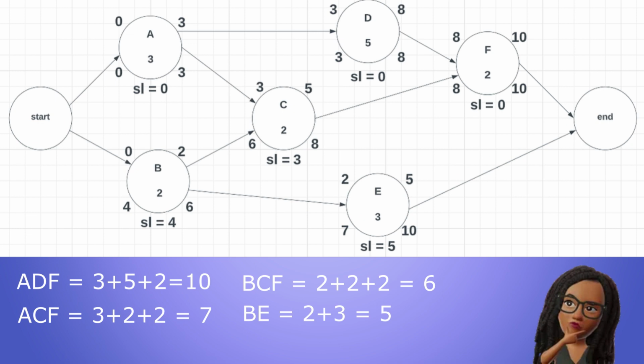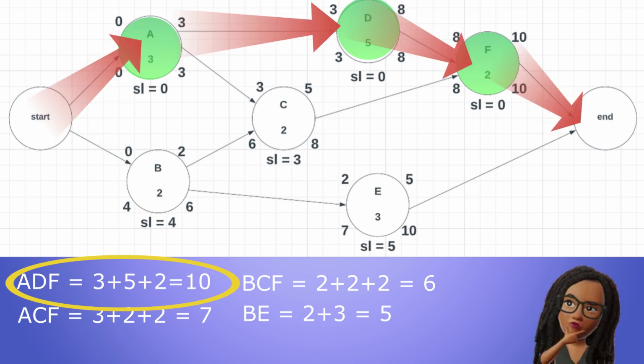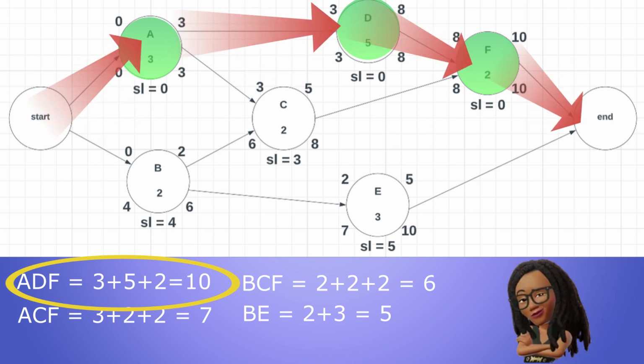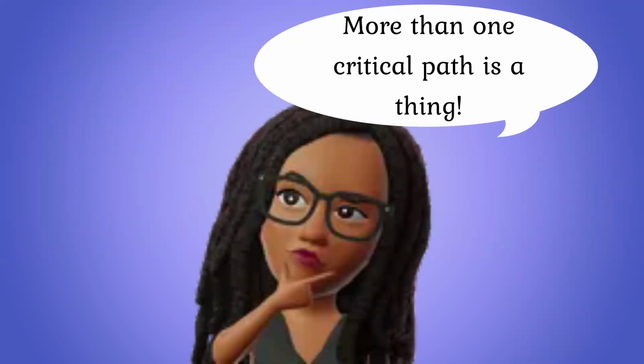With the longest duration of 10, ADF is the critical path, and we can confirm that by looking at the slack values of the activities, which are all equal to 0. Bear in mind that a network diagram can have more than one critical path, all having equal duration.